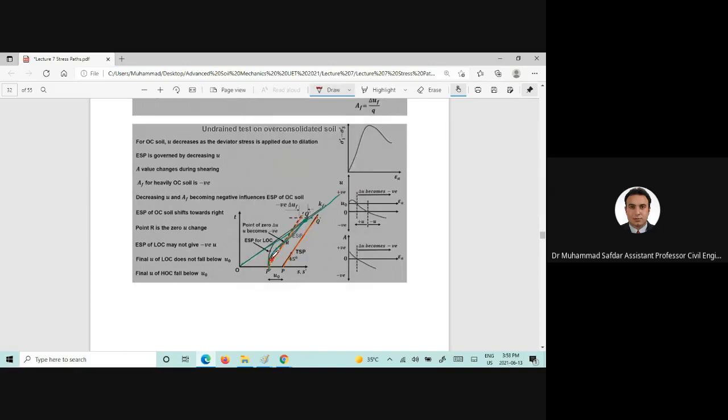Now you can see clearly that this portion will be related to the positive pore water pressure, and this portion will be related to the negative pore water pressure. Okay, and this initial difference between the total stress path and the effective stress path is u naught, equal to the back pressure.